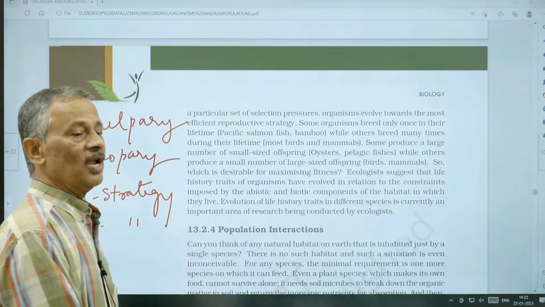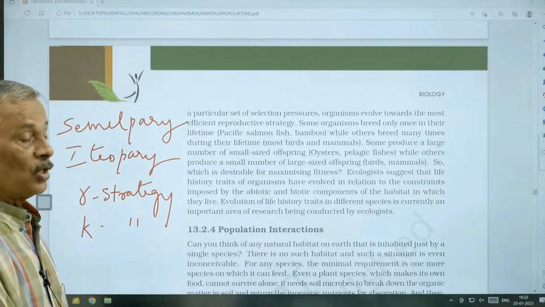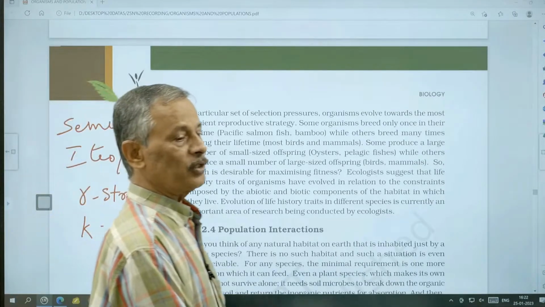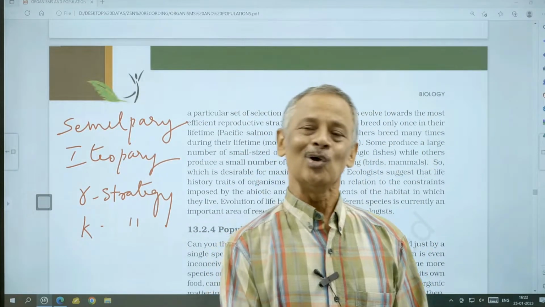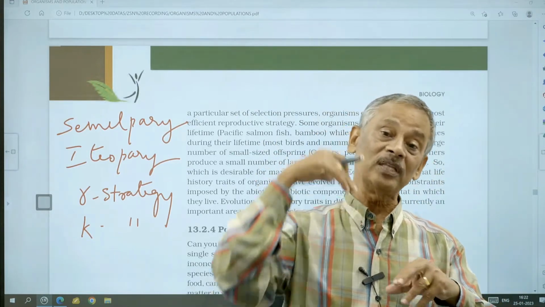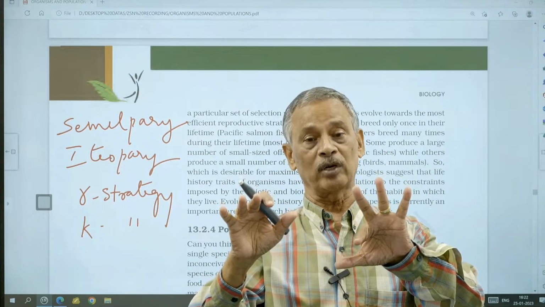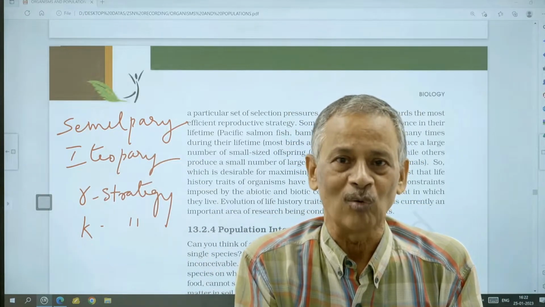That is why they are all forced to evolve. They are forced to produce newer and newer techniques, newer and newer structures, and that's how they evolved from simple to complex. So it is because of the stress and strain imposed by the abiotic and biotic world surrounding them that they evolve. Clear?